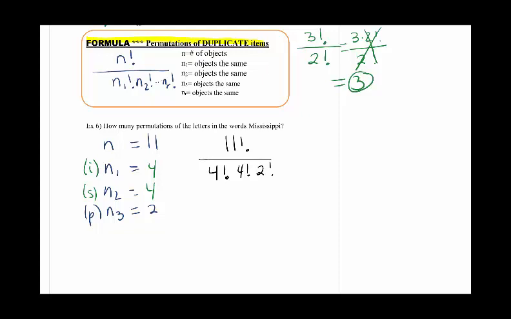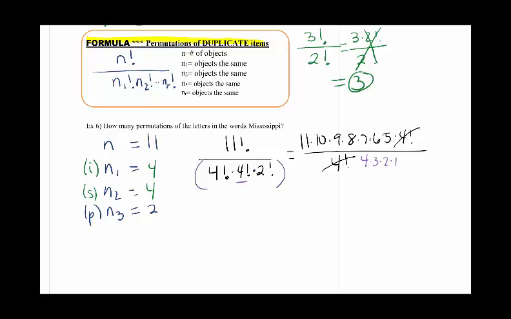The key here, if you're going to enter it all at the same time in your calculator, is there has to be parentheses around the denominator or it won't divide the whole piece that you're multiplying. If you wanted to do this the longer way, you have 11 times 10 times 9 times 8 times 7 times 6 times 5 times 4 factorial. So that means that these 4 factorials are going to cancel. 4 factorial is 4 times 3 times 2 times 1, and that's from this piece. 2 factorial is 2 times 1.